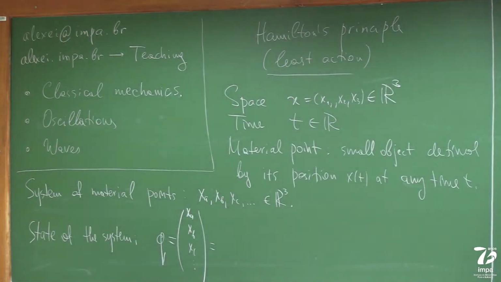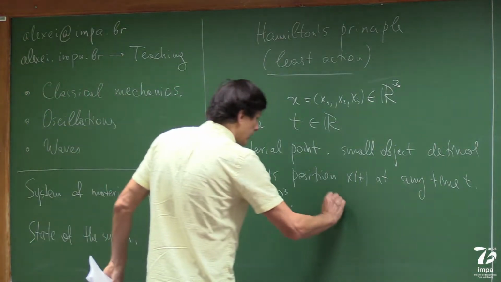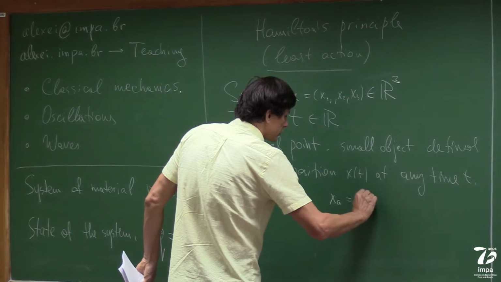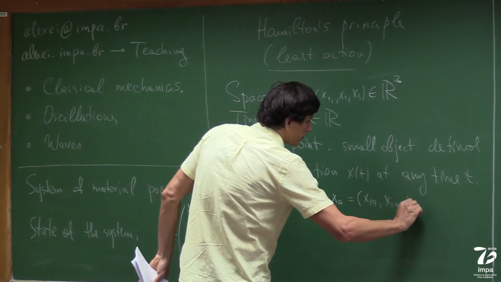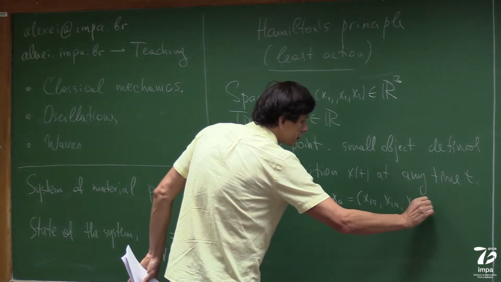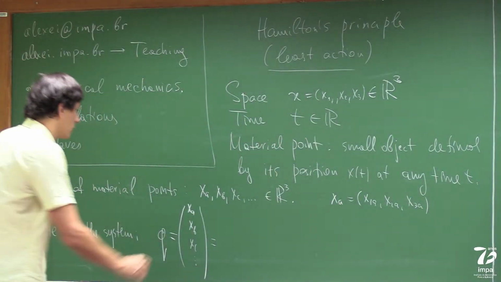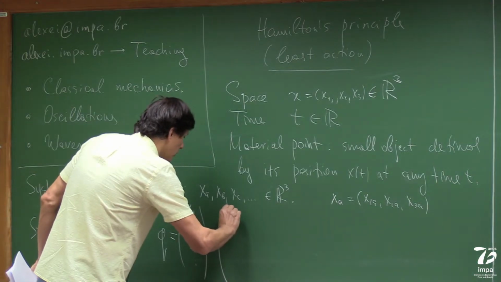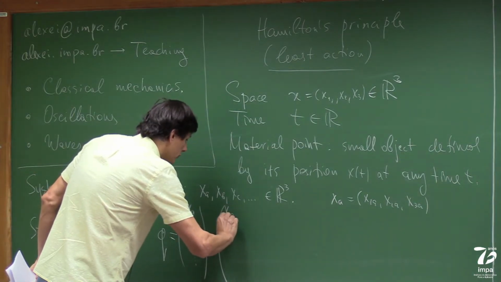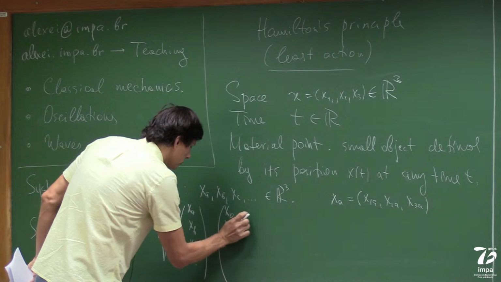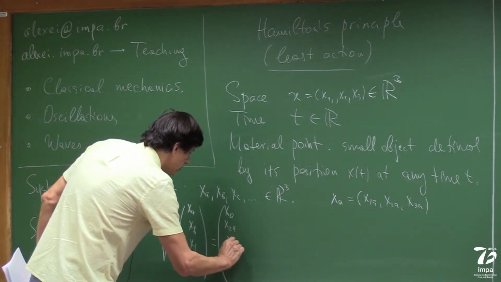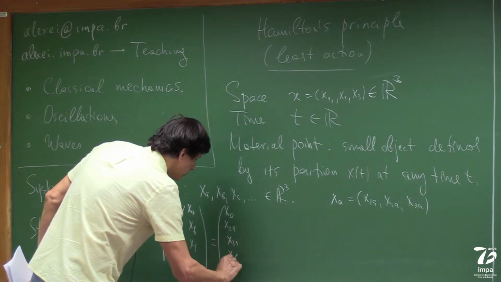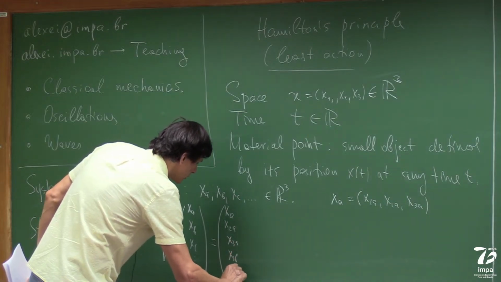So what is it? Every x, so every xa is x1a, x2a, x3a, and the same for b and c. So these 3 coordinates. We can just put all of them one after another: x1a, x2a, x3a, then x1b, x2b, and so on.